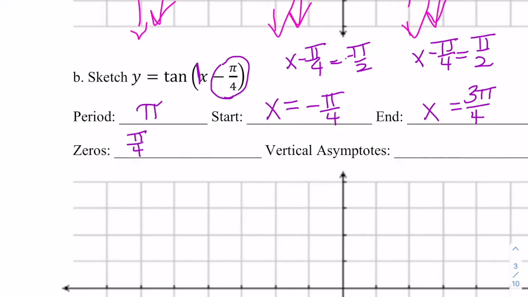And then we know that it's going to repeat, so that's going to be plus pi n. We know that the asymptotes are also going to repeat every pi n, so we could say 3 pi over 4 plus pi n.